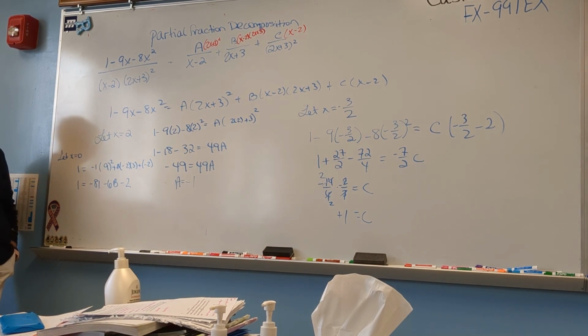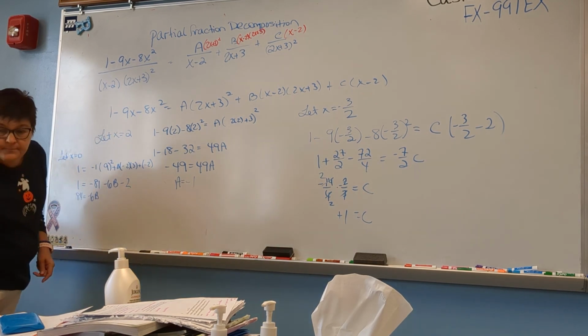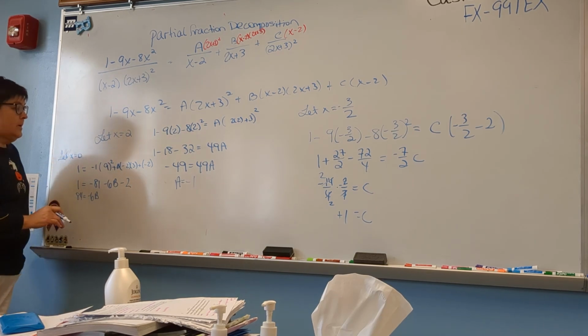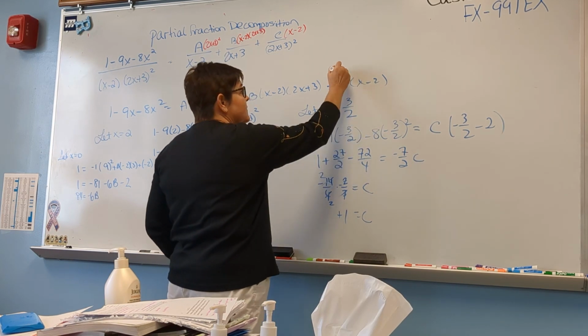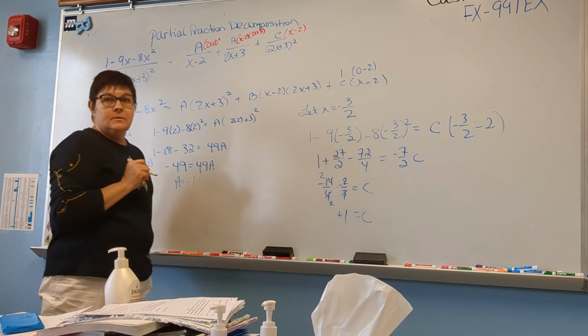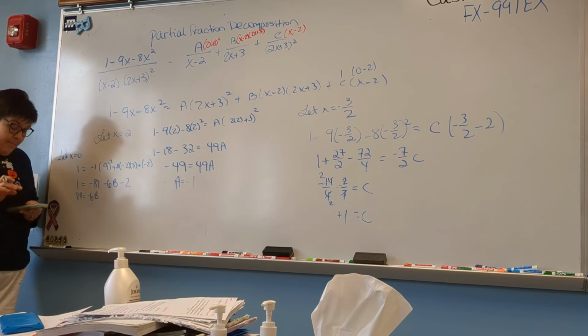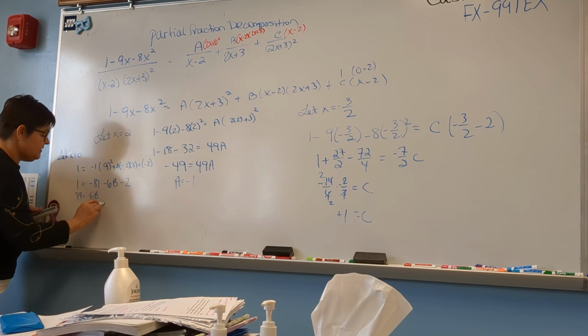Does B come out nice? Where'd you get the negative 2? For C, it's 0 minus 2, and C is 1. I'm mathing in my head, though. I got negative 14. Negative 14 is B.